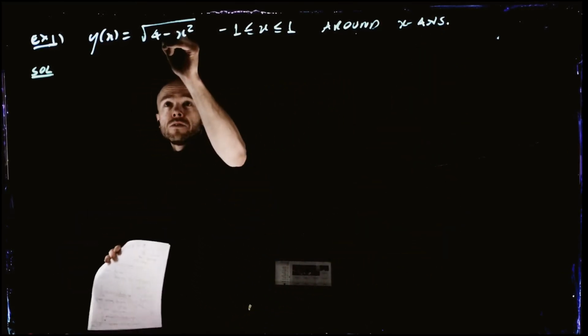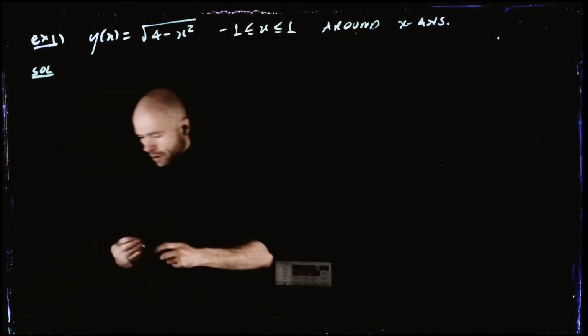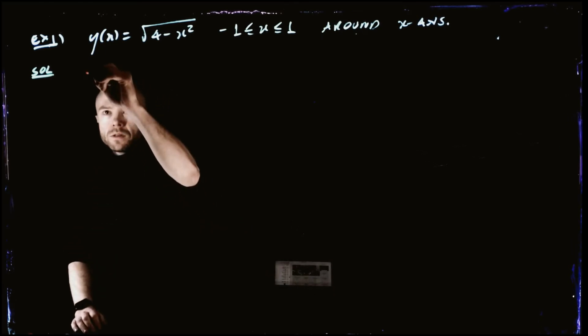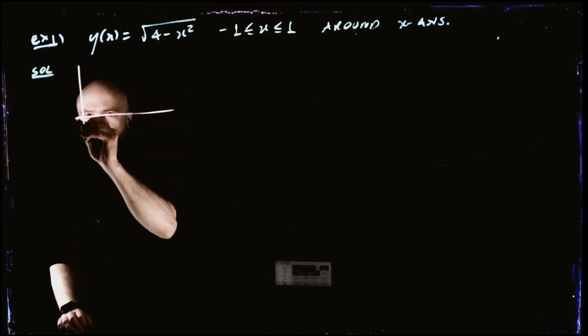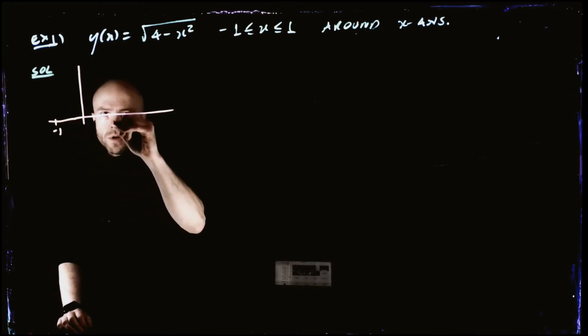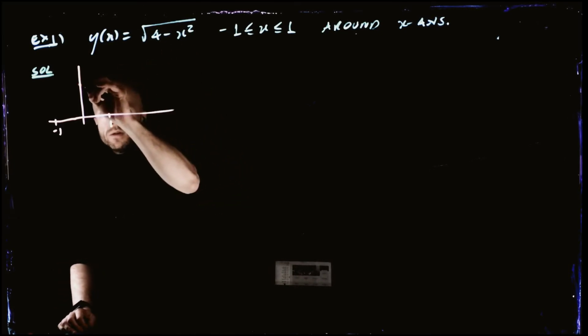Yes, that's 4. There we go. So, we draw a picture. We're doing this between -1 and 1. So let's put -1 here. This is 1 here. When we are at 0, it's just going to be 2.